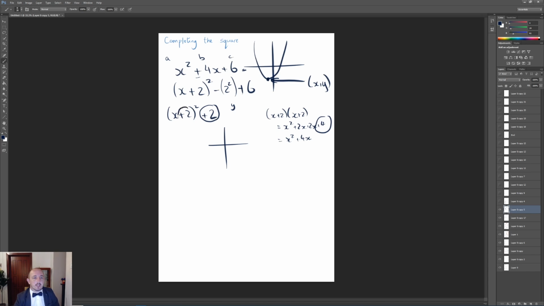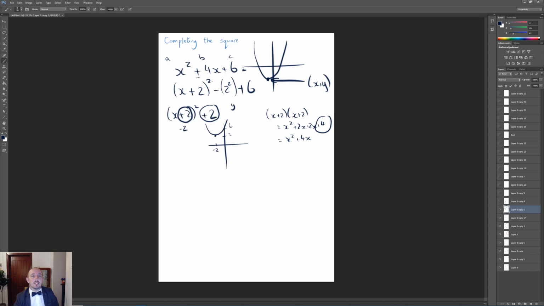And then we look at the plus 2 here, and it's always the opposite sign to that number. So in this case, it's going to be negative 2. So the x coordinate is negative 2, and the y coordinate is plus 2. So that is the exact point of the turning point of the graph, if you like, where it goes from down to back up again. So this graph would do something like that, and it would go through that point there, 6.